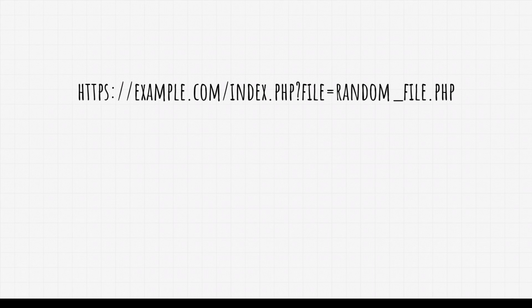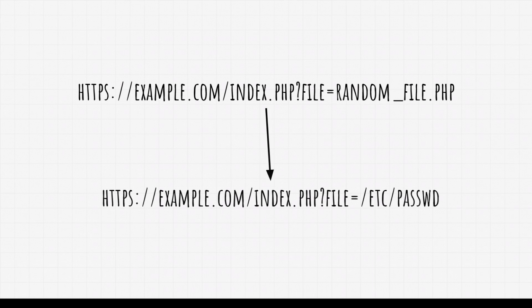We can assume that this randomfile.php is stored somewhere on the server. But so are all the other files that we don't have an option to download. So, have they implemented a good and valid filter that will only allow us to download the files that they offer? Well, we can find out if we try something like this.